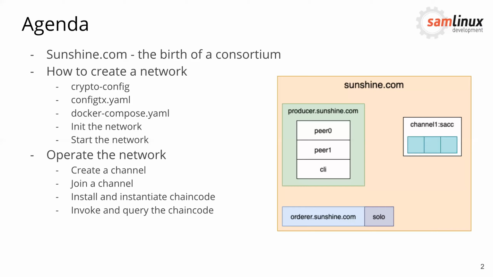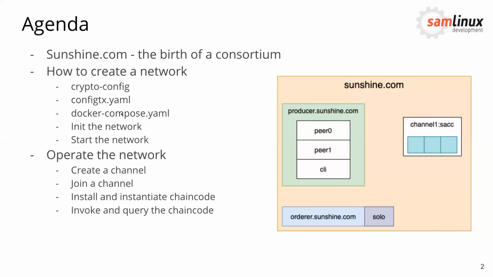This session today is so that you have a good understanding of how you can start, and what is needed to start to build your own consortium. For this, I will guide you through the elements which we need. We need the crypto config, which is a config file and also a folder with all the structure we need.